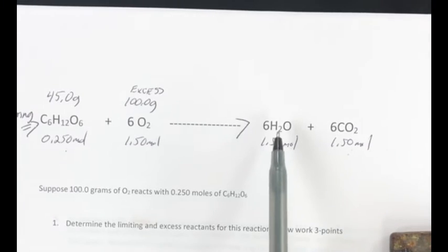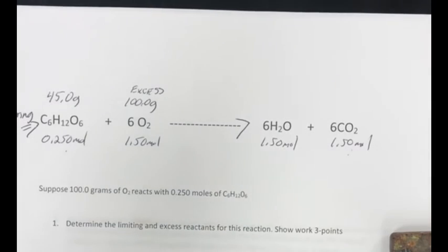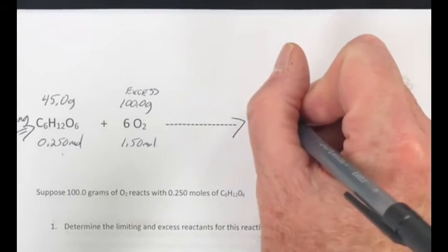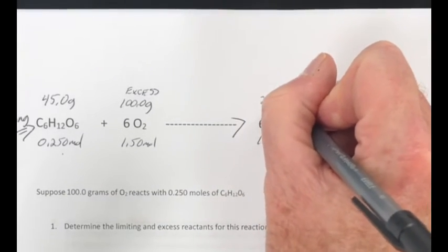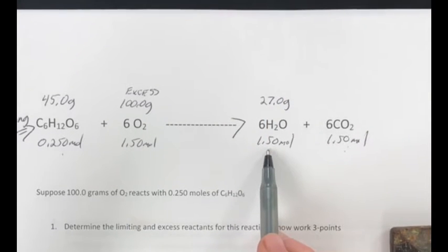Well, let's take a look at the mass. How much mass of water do we have? It's a simple calculation. We just convert moles of water to mass of water, and what we have is 27.0 grams of water, just converting that many moles to grams.